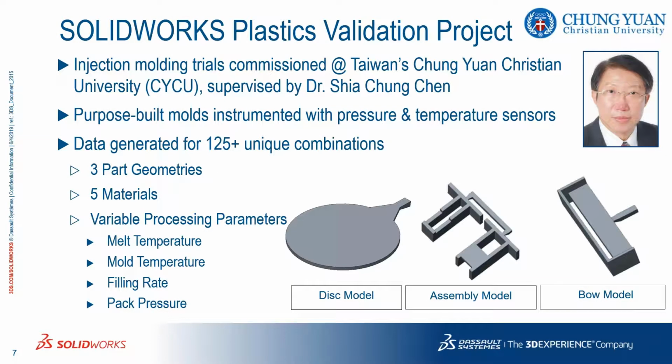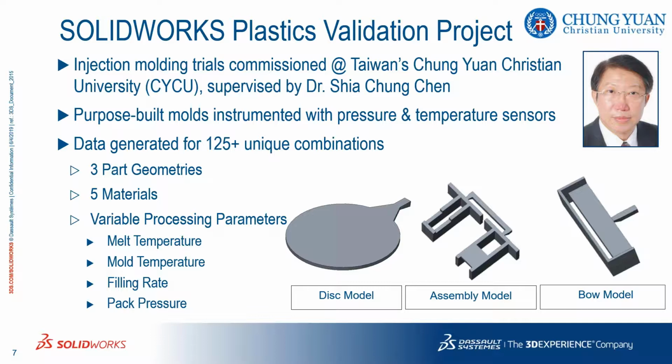Another big project that we've been working on: solver validation and accuracy is always one of our top priorities. So we've partnered with another leading plastics engineering institute located in Taiwan, which just happens to be where some of our plastics R&D team sits. It's called Chung Yuan Christian University, or CYCU, run by Dr. Chen.